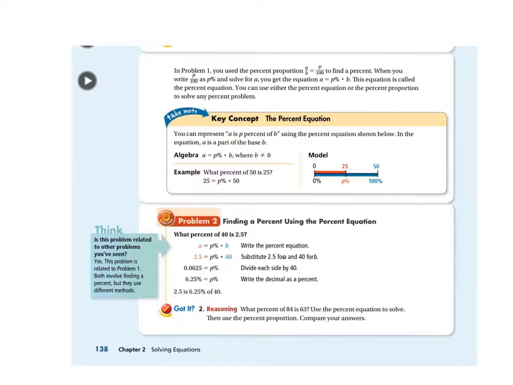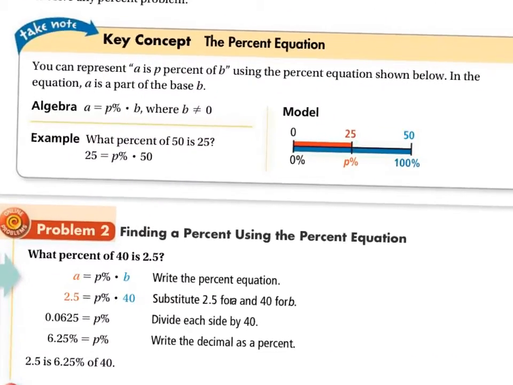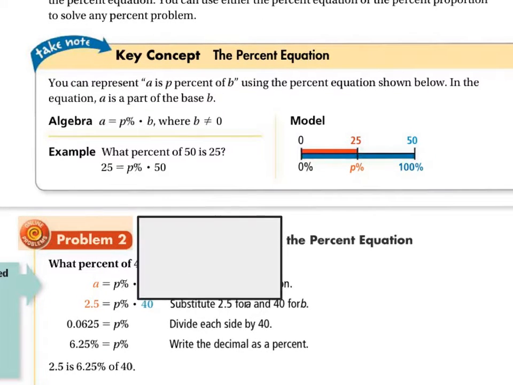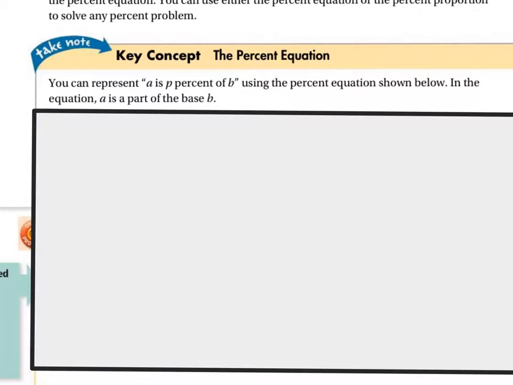Another option we have when we're doing these problems is we can do the percent equation. This is my personal favorite, the percent equation we've worked with before. Basically, there are 3 things to remember. One thing is if we get a percent, we're going to change the percent to a decimal.